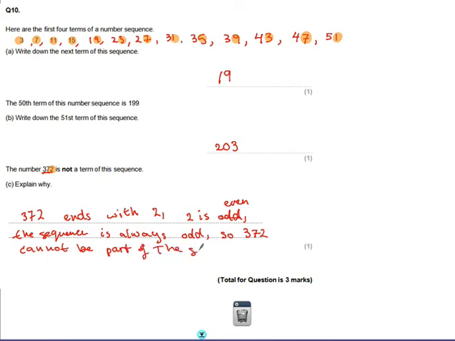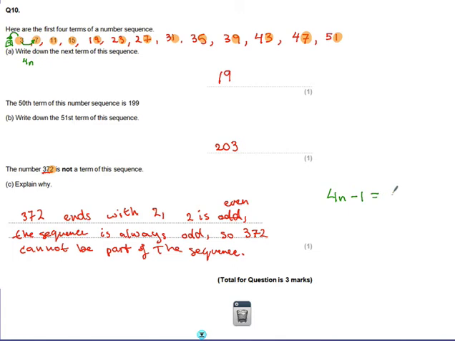Another way you could have done this is, well, we know that the formula of this sequence goes up in 4s, so it's in the 4 times table. The 0th term is minus 1, so the formula is 4n minus 1.